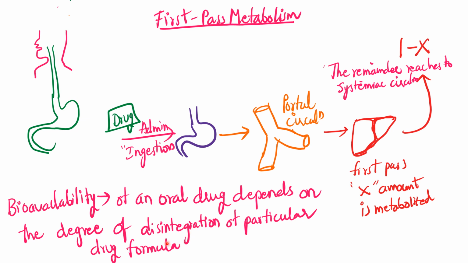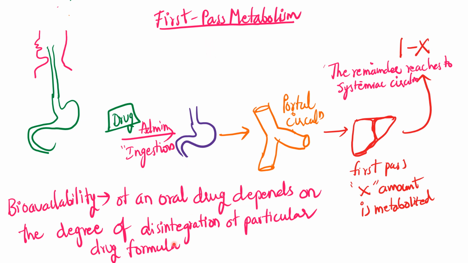But before that, let's understand what disintegration is. Disintegration is a process by which a solid dosage form breaks into small pieces in the presence of biological fluids. Once a drug has disintegrated, it can be dissolved in gastrointestinal fluid and then absorbed into the systemic circulation.